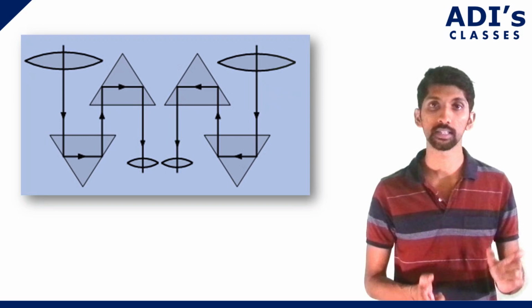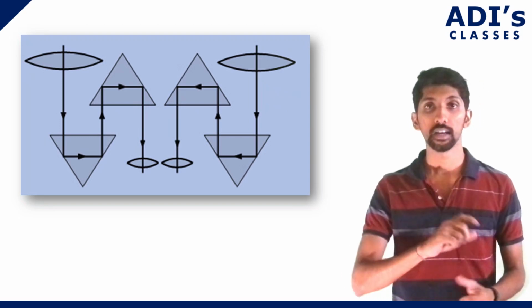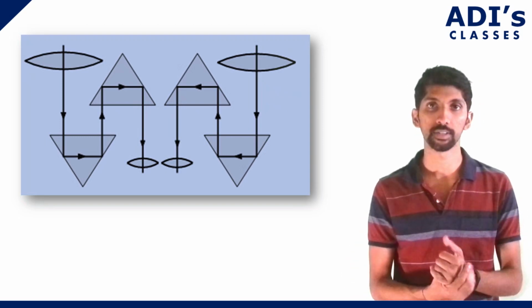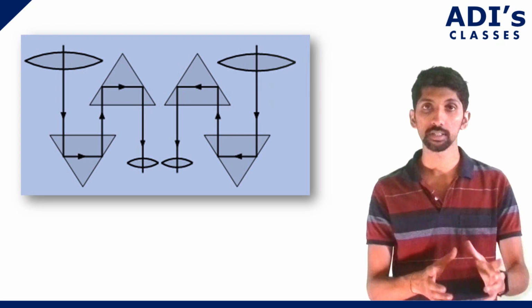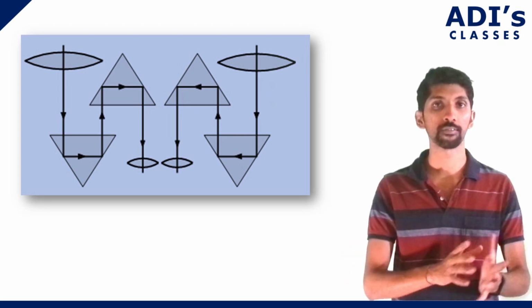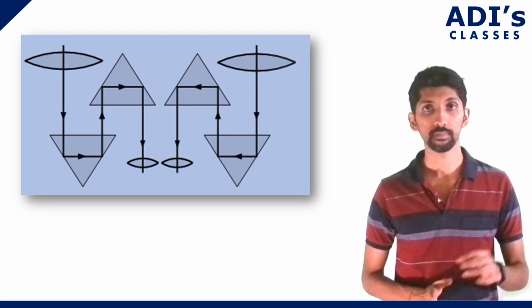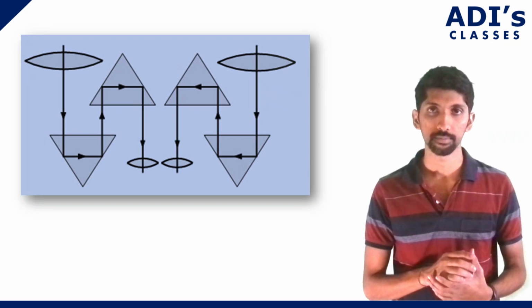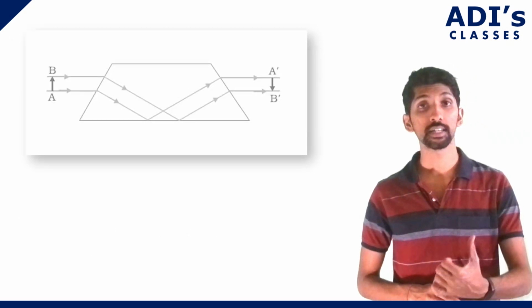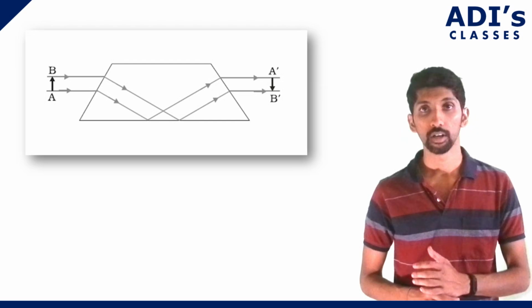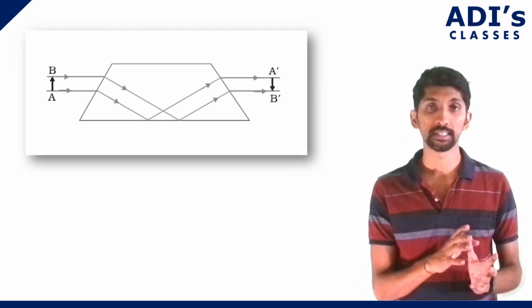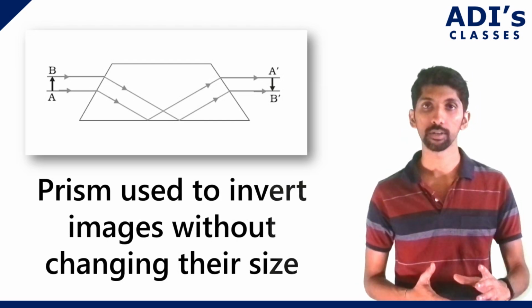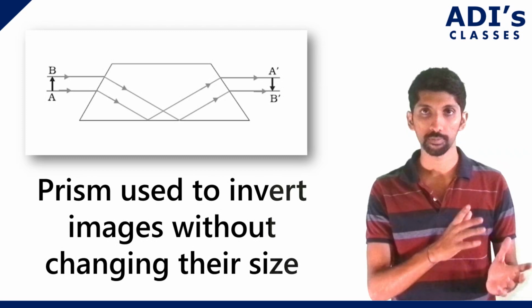In binoculars there is a 180 degree shift of the direction of light. So here also we have 45-45-90 prisms, but the ray of light is incident in a different way, like this. So here you have a 180 degree shift. Also, in certain cameras we use this type of prism.